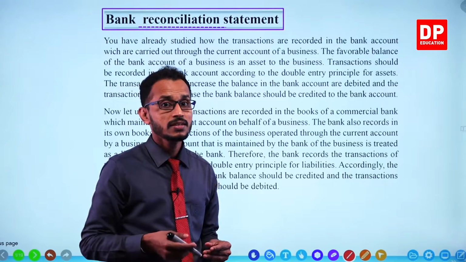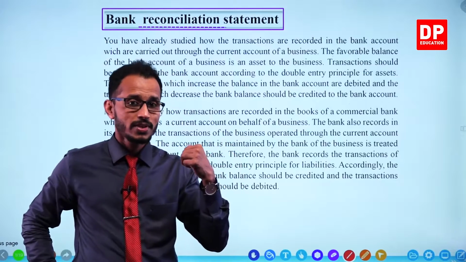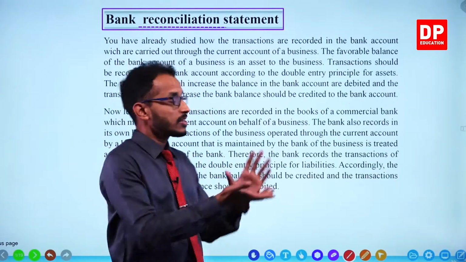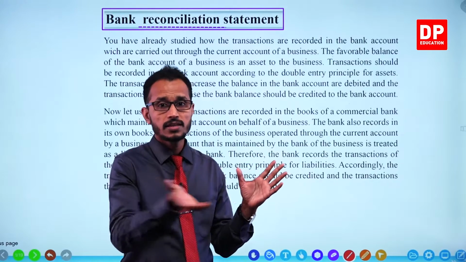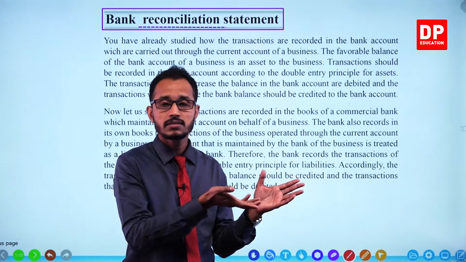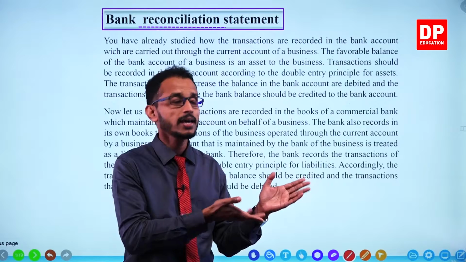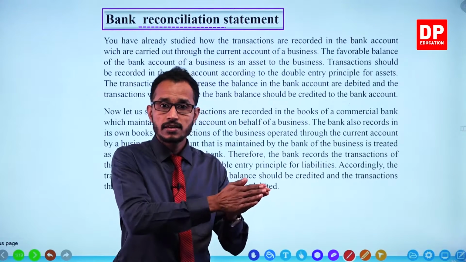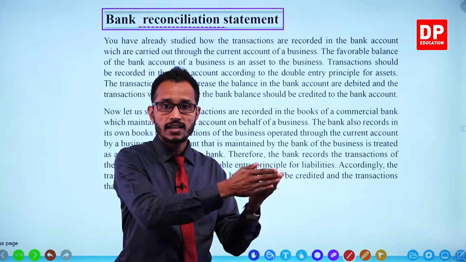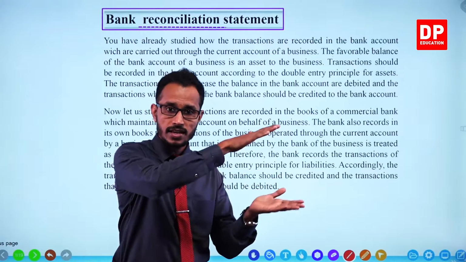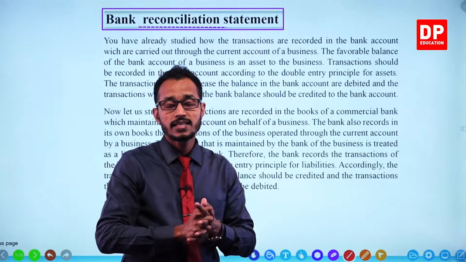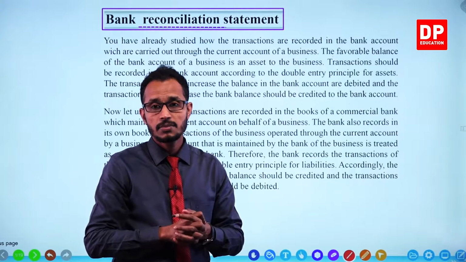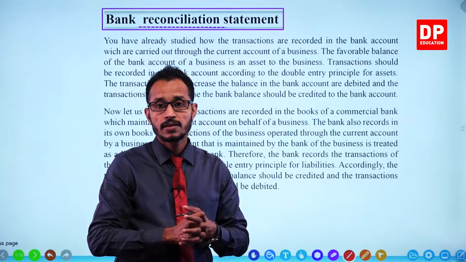In the bank statement, I mentioned a few minutes ago that the bank records all the transactions in its computerized system, prints it onto an A4, folds it, puts it in a nice envelope, and sends the statement to the business.